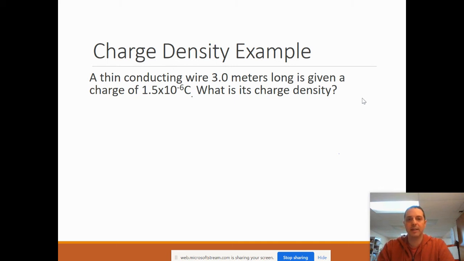Now we're going to take a look at an example of charge density. In this example, we have a thin conducting wire that is 3 meters long, and it's given a charge of 1.5 times 10 to the negative 6 coulombs. We want to figure out what the charge density is along this wire. To do that, we're going to take a look at lambda. This is going to be Q over L, and we have a charge of 1.5 times 10 to the negative 6 coulombs, and then that's spread over 3 meters of length.